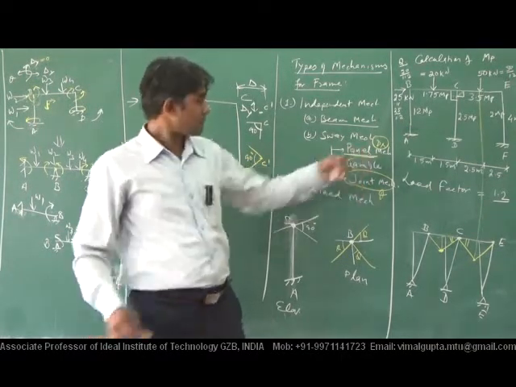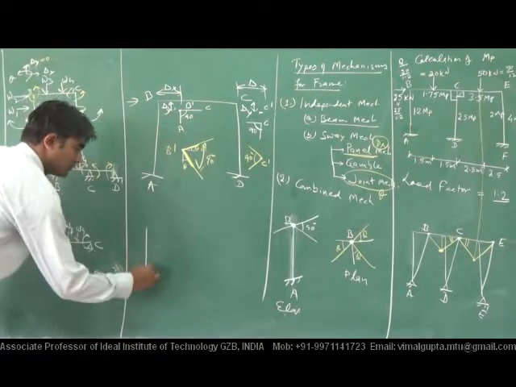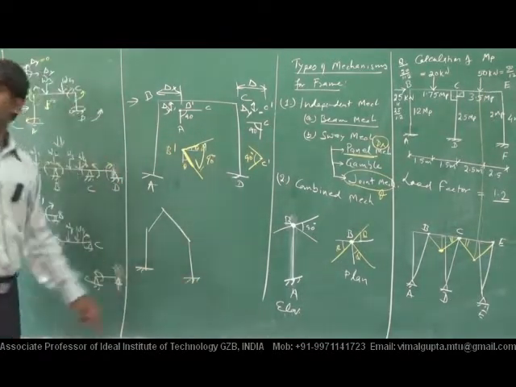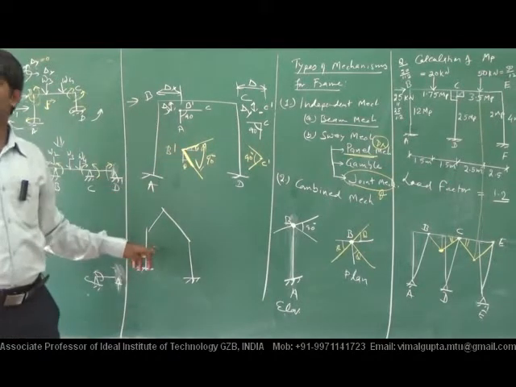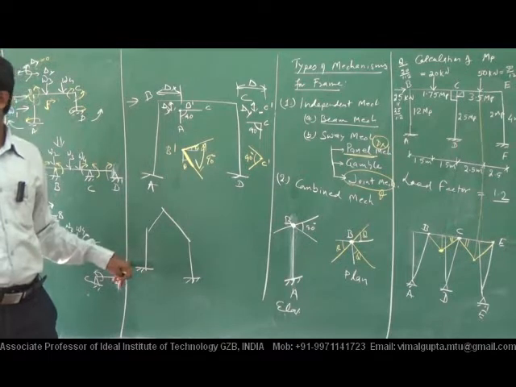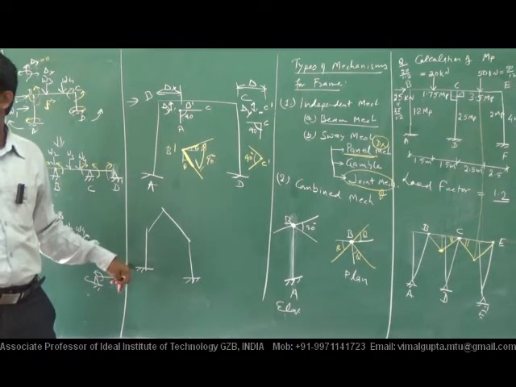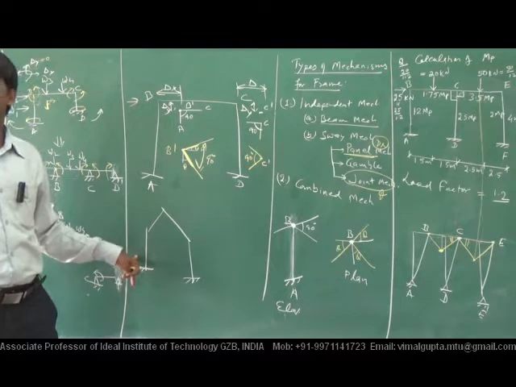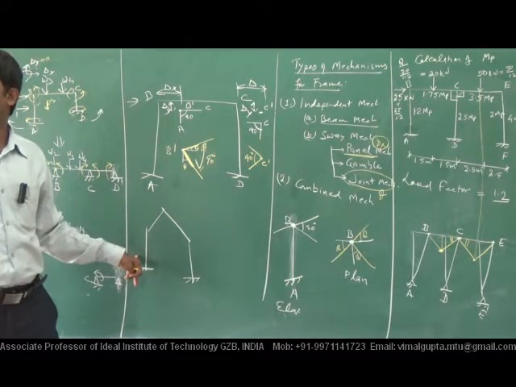Clear to everybody? To understand the combined mechanism, if the structure is in this shape, we know very well how many plastic hinges are required for collapse.